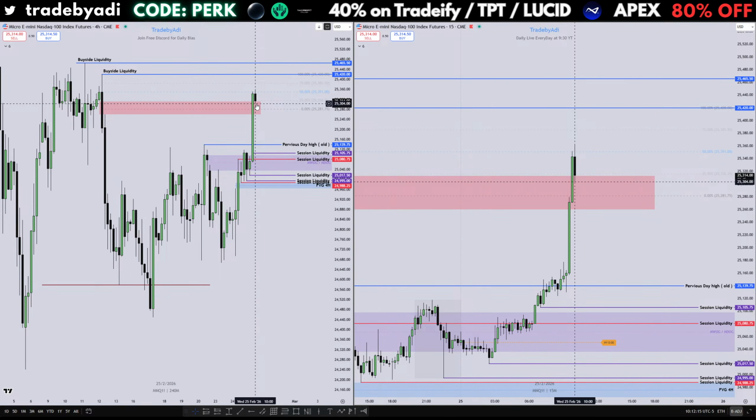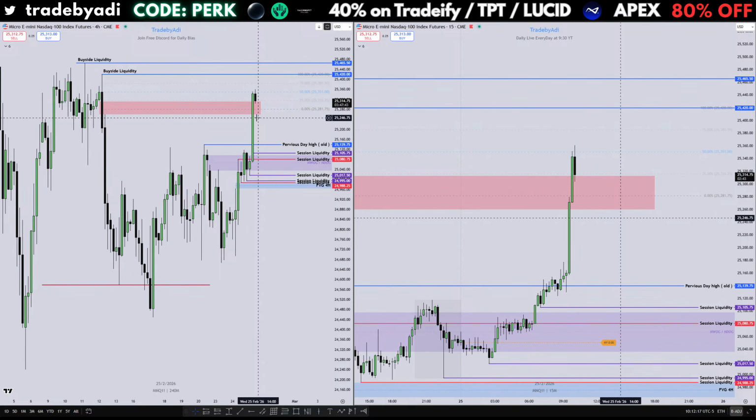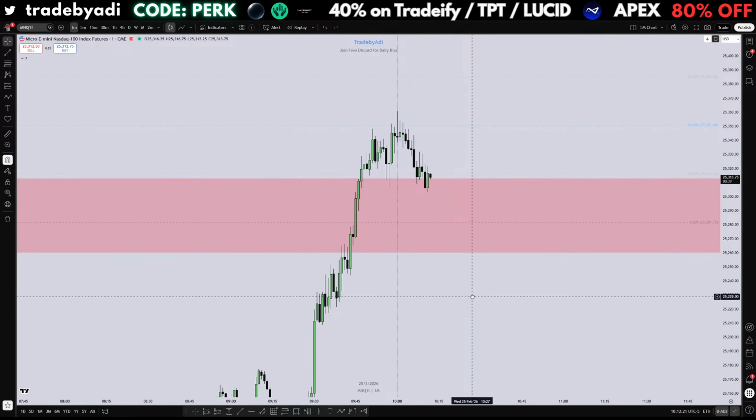Now the 4 hour FVG we have opened. Let's see how the price is going to react. I just want to see, but I'm not expecting anything from the price right now.